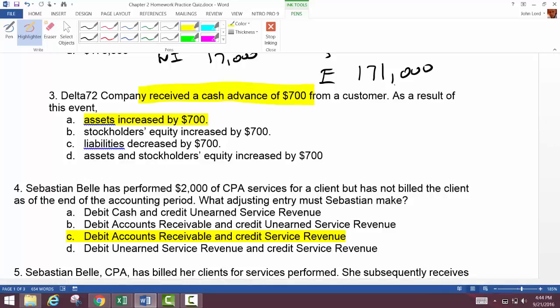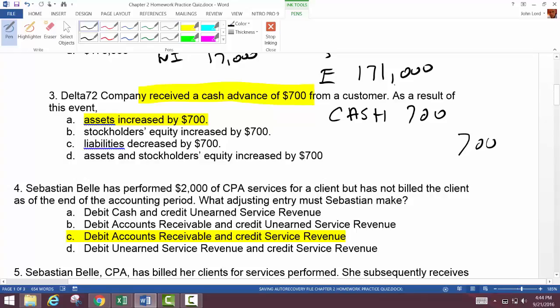Okay, so if that's the case, what happens? Obviously, I'm going to debit cash because I'm receiving cash for $700. I have to credit something, don't I? I credit a liability called unearned revenue because what? If I don't provide the service, am I going to have to pay the person back? Right? So I'm going to have unearned revenue of $700 here, and if I have to pay the person back, I will, right?